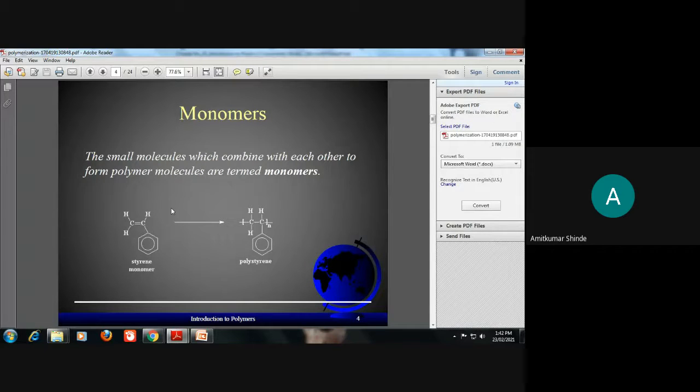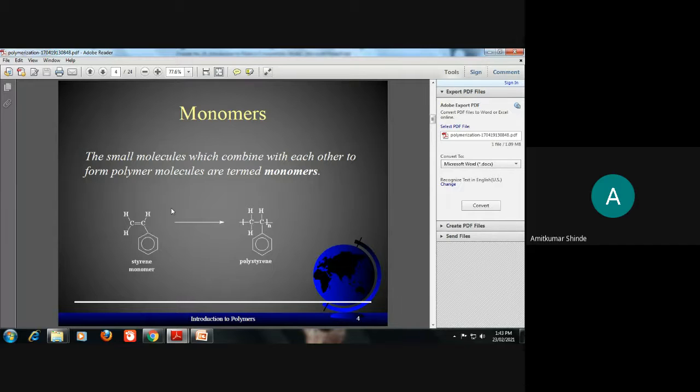Now, what is the meaning of the monomer here? Before understanding the monomer, you should understand that we have two types of molecules: micromolecules and macromolecules. In metallurgy, we have studied micromolecules, and in polymers these are macromolecules.